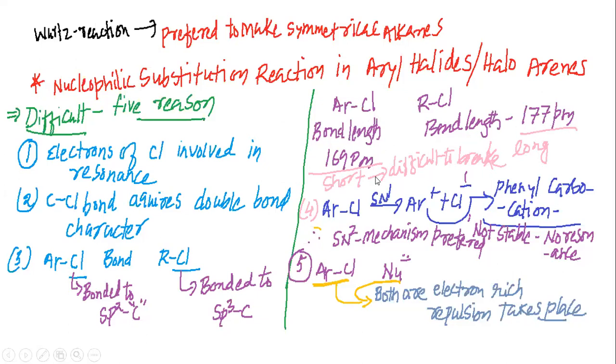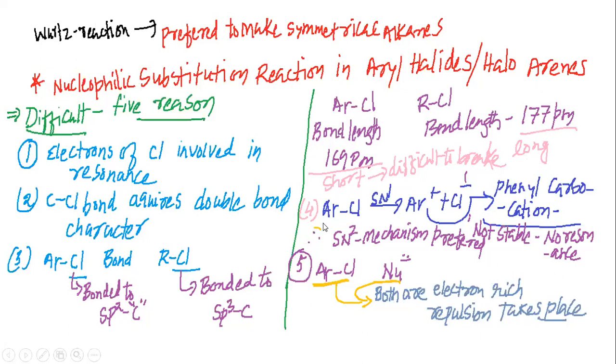From the previous point you can see that this bond has double bond character. This bond is shorter. The electrons of chlorine are involved in the aryl ring for resonance, and that is why the bond between carbon and halogen in aryl halide is very difficult to break. The bond cannot be easily broken. Whereas the alkyl halide bond is a long bond and it is easy to break.